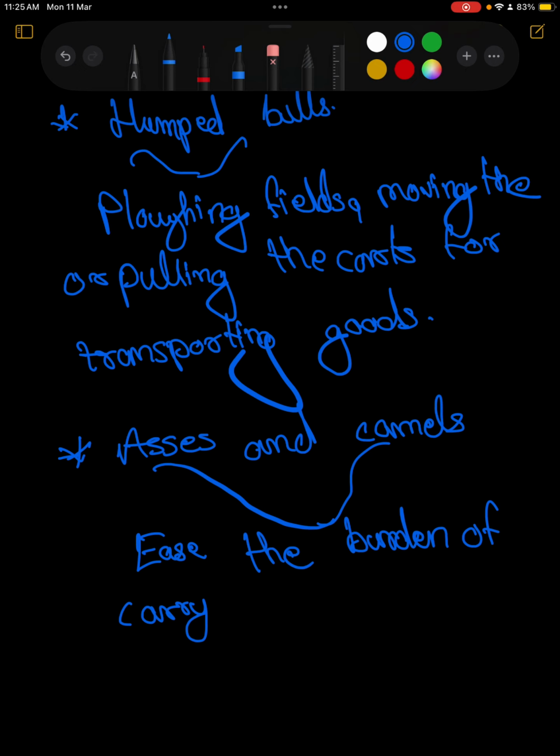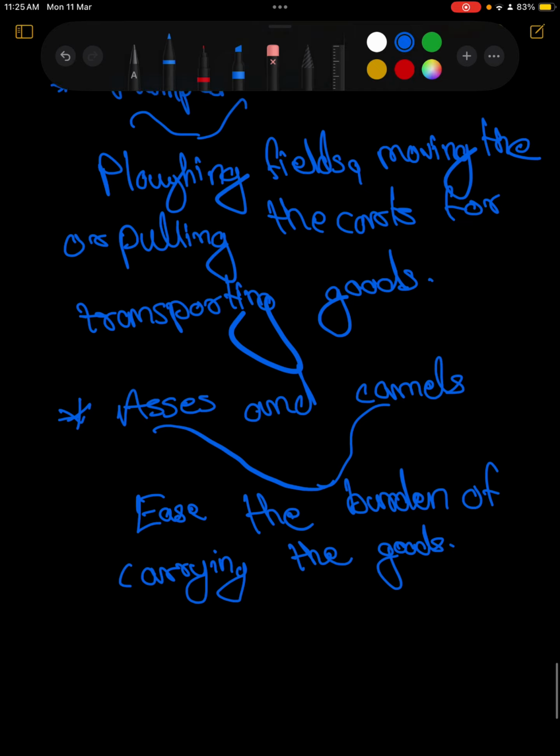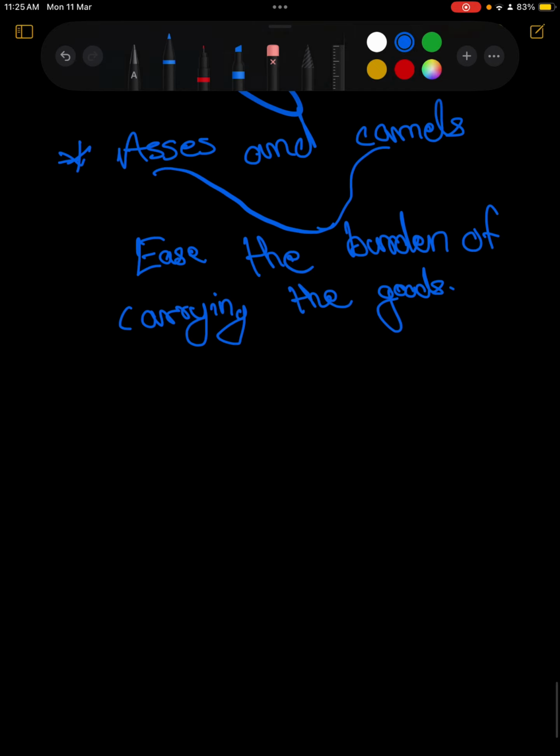Such as in the earlier Arabian Peninsula, where camels used to exist and were used to carry heavier goods for trade purposes. So for exchange and for the transportation of goods, camels were a great source of vehicle at those times. So yeah, this is about the domestication of animals.